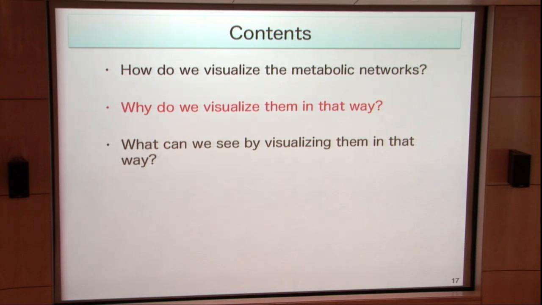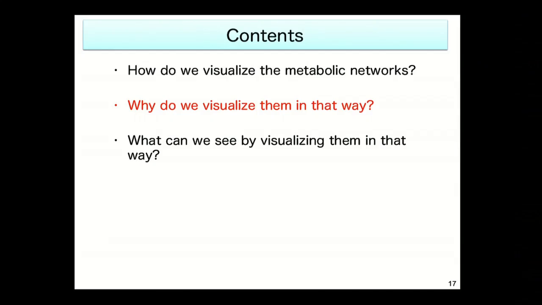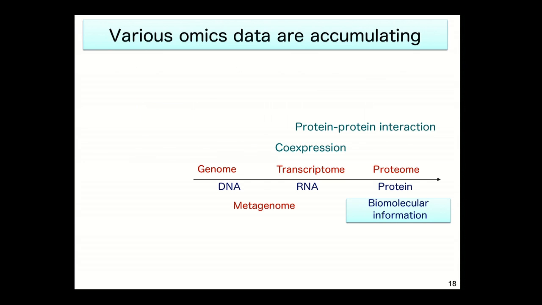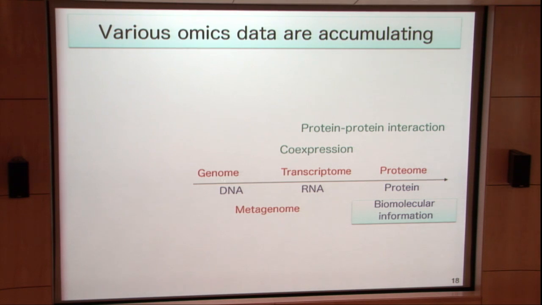So next, I'd like to talk about why we visualize them in this way. As you know, we have a lot of genome information, transcriptomic information, proteome information, and metagenomic information, so-called omics data for the genetic information.